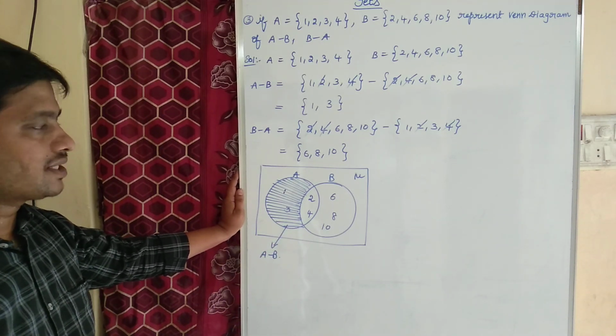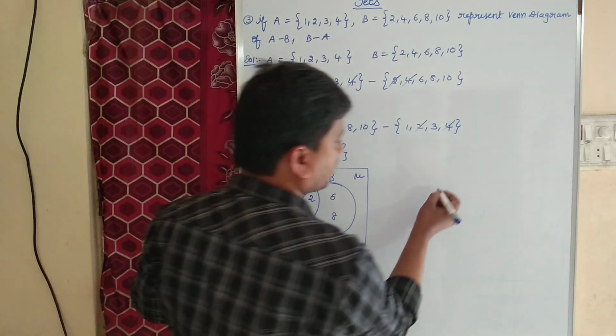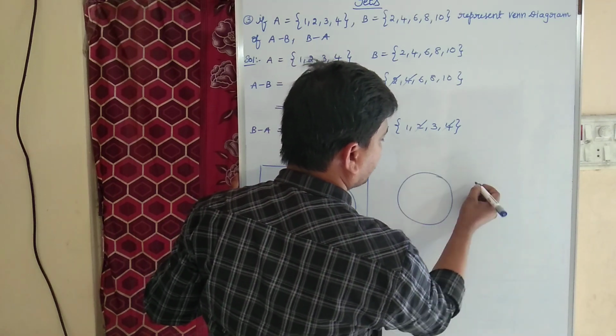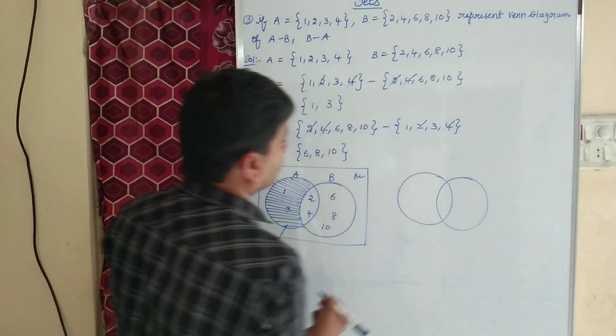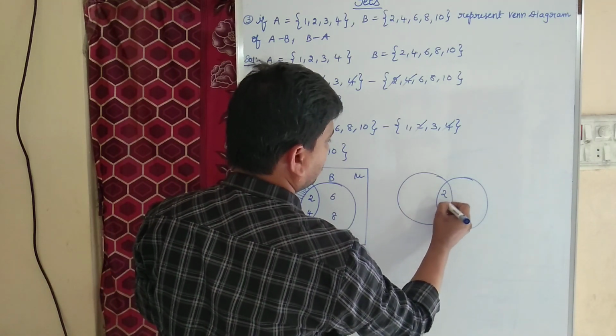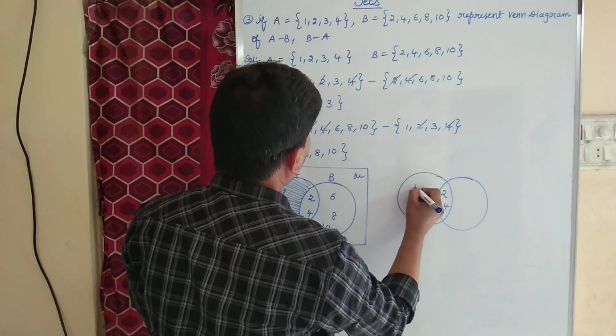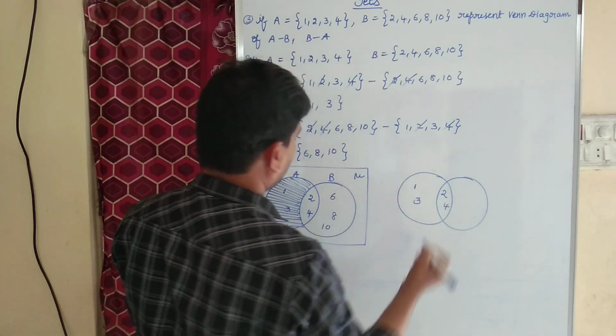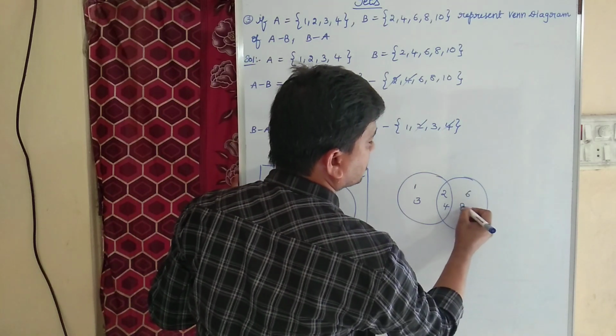Okay. If they are asking to find B minus A, listen children carefully. This is our A. This is our B. Common elements are what? 2 and 4, right? In A we have 1, 3. In B we have 6, 8, 10.